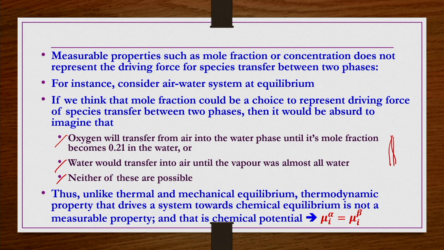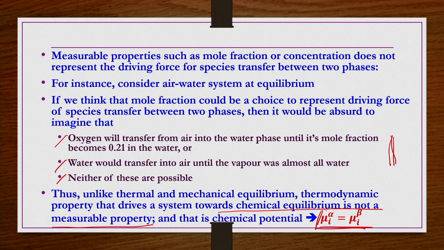Thus, unlike thermal and mechanical equilibrium, the thermodynamic property that drives a system towards chemical equilibrium is not a measurable property, and that is chemical potential.